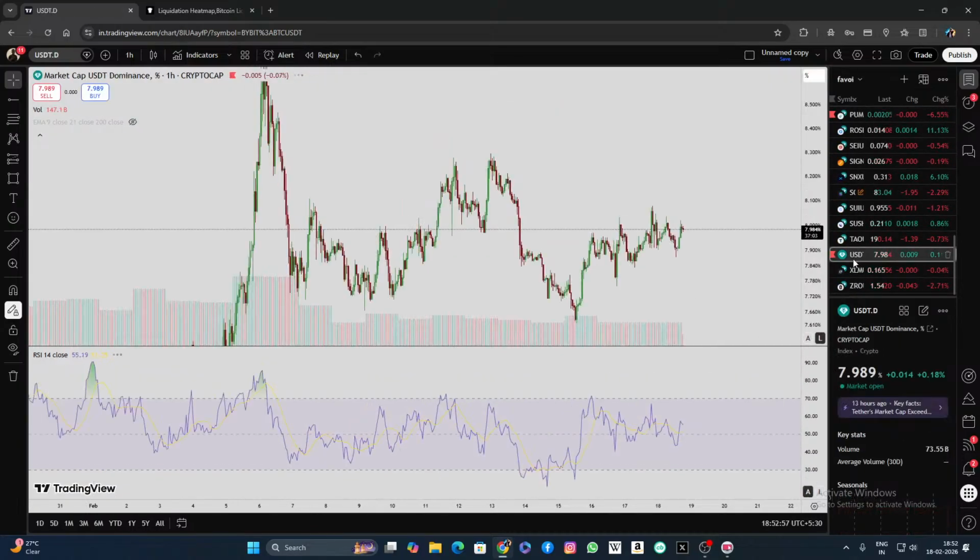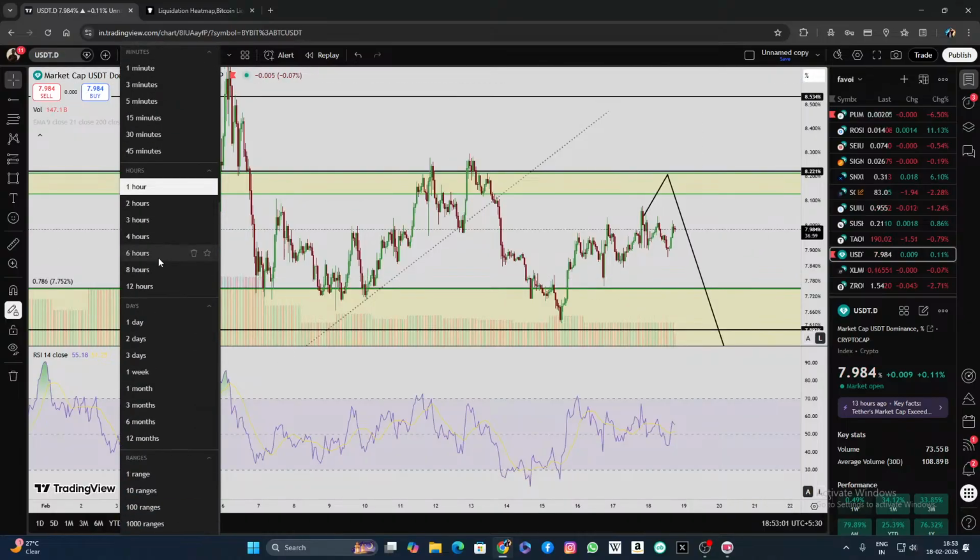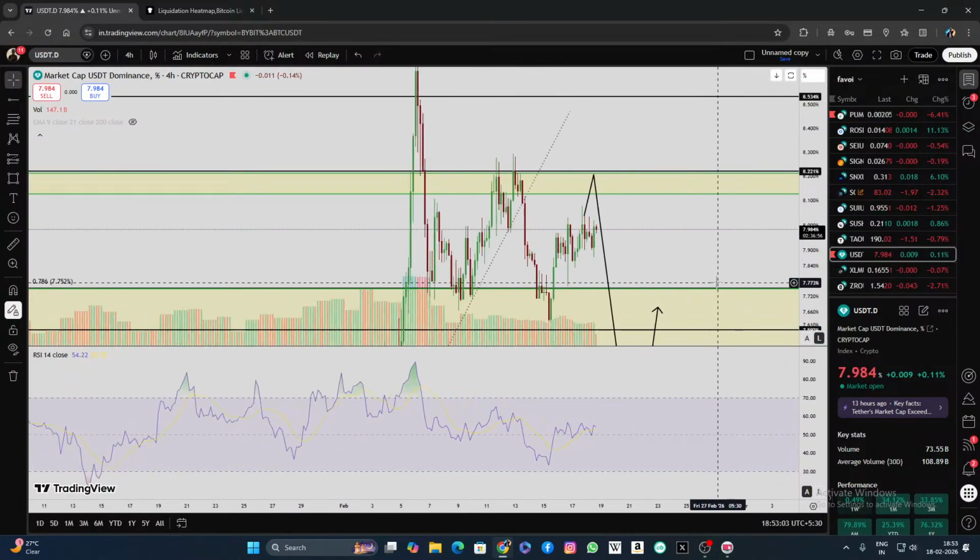Let's quickly chart... unless the USD dominance.